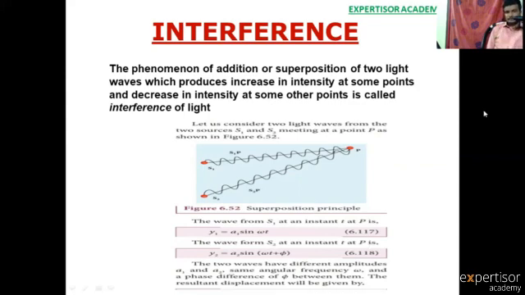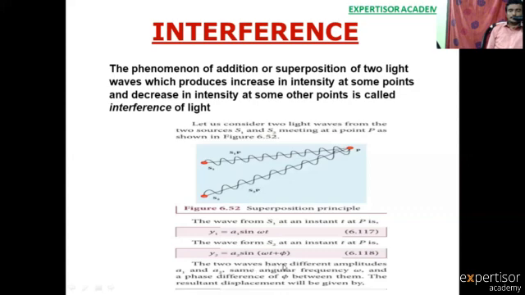The wave from S2 at an instant t at P is y2 is equal to a2 sin (omega t plus phi).